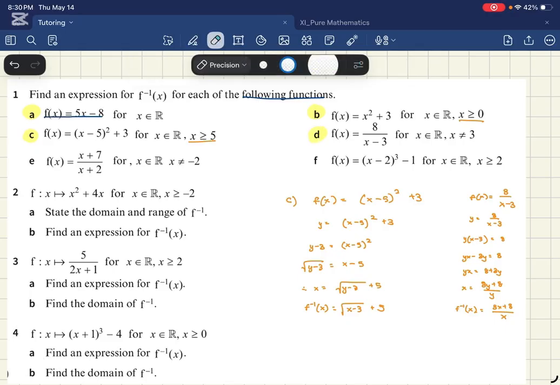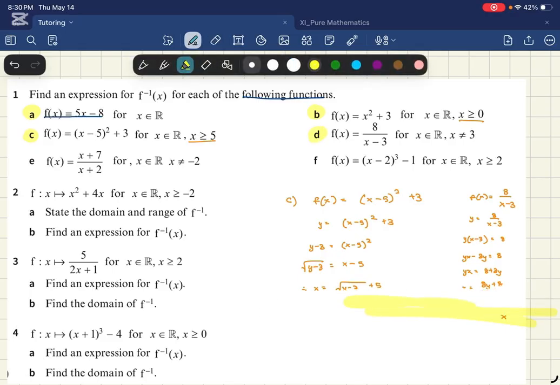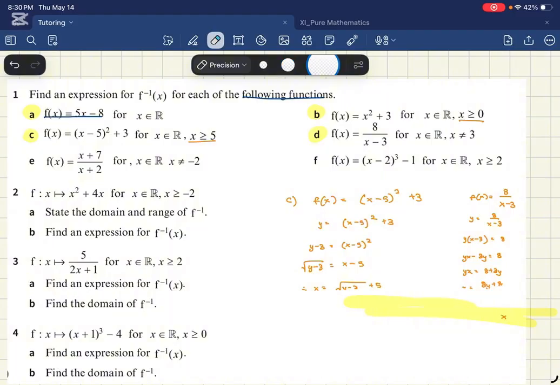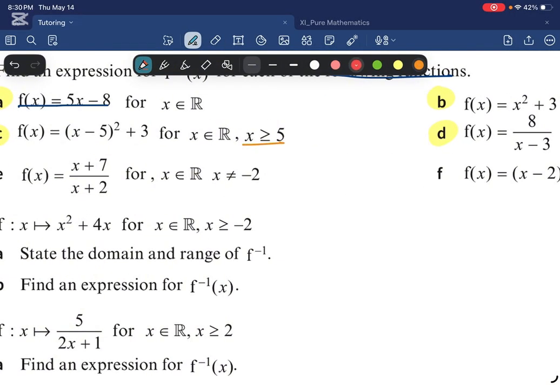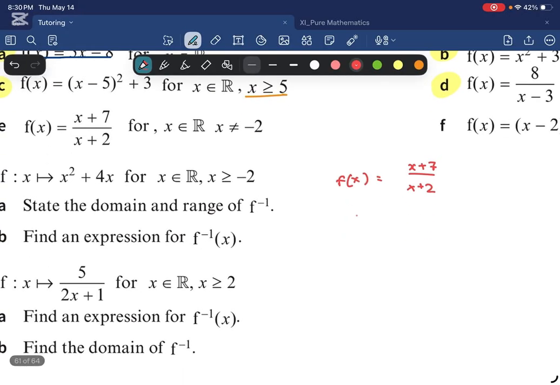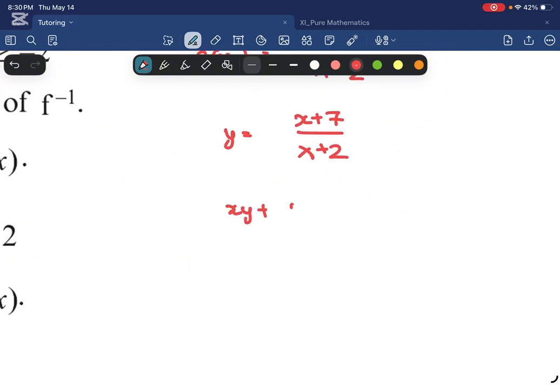All right, and E. So for E, we have f of x is equal to (x plus 7) divided by (x plus 2). So y is equal to (x plus 7) divided by (x plus 2). So we have xy plus 2y. If I multiply this out, I get x plus 7, and I want to isolate x.